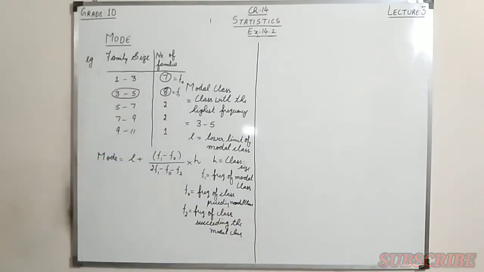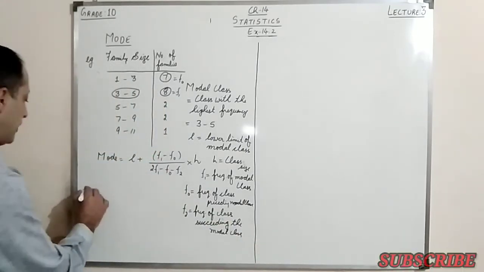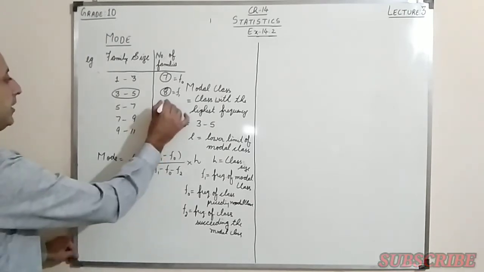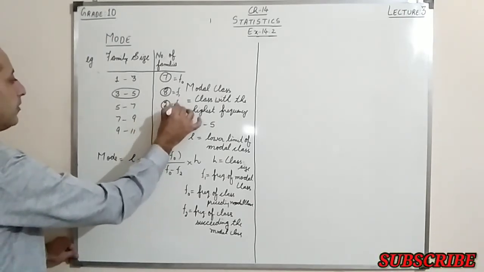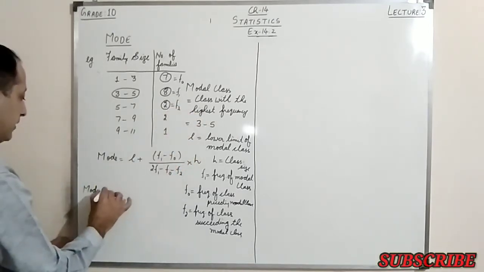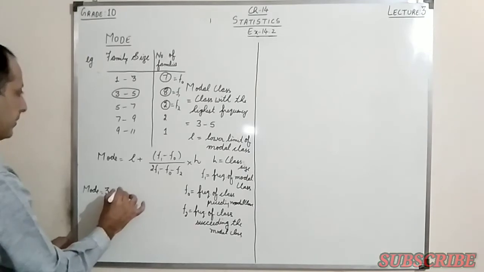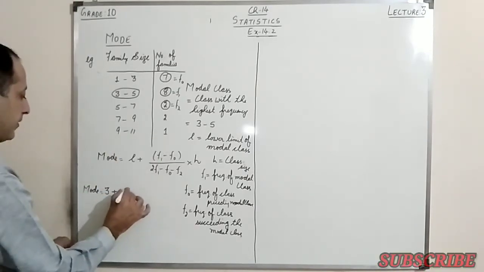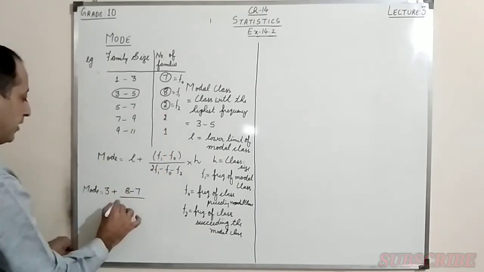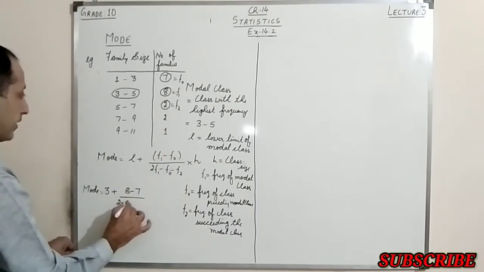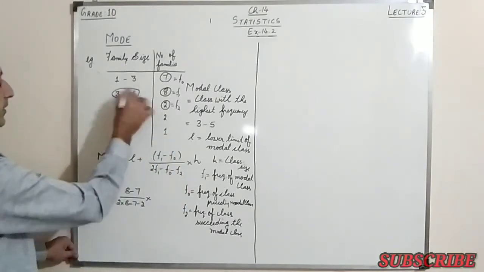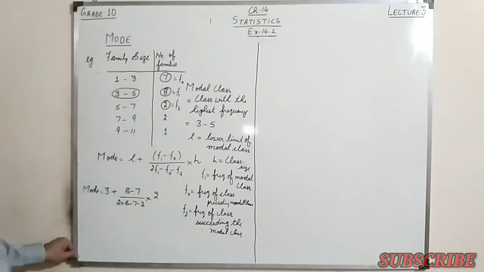Now let's substitute the values. Mode equals L, the lower limit of the modal class, that is 3, plus F1 is 8 minus 7, upon 2F1, that is 2 multiplied by 8, minus 7 minus 2, multiplied by H, the class size, that is 2.